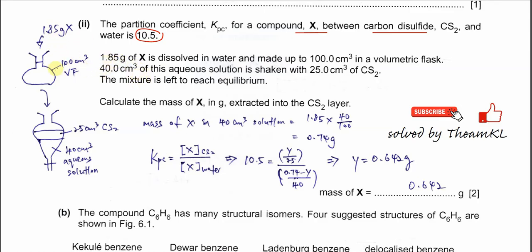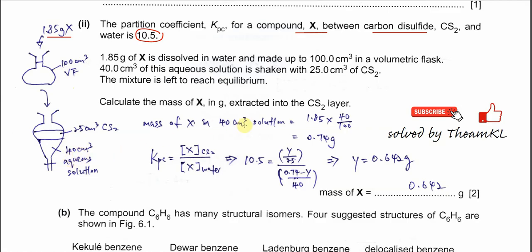Okay, so let's say this is the one that started. 1.85 gram of X is dissolved in 100 cm cube. After that, only 40 cm cube was taken, and you need to get the mass in the 40 cm cube of the aqueous solution for the extraction. Very easy.